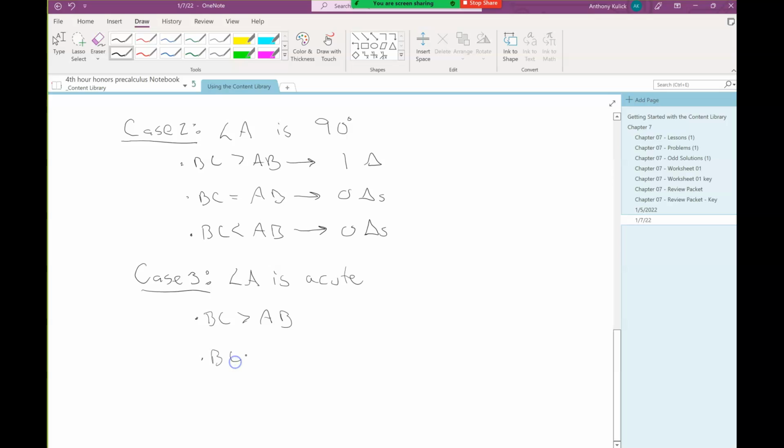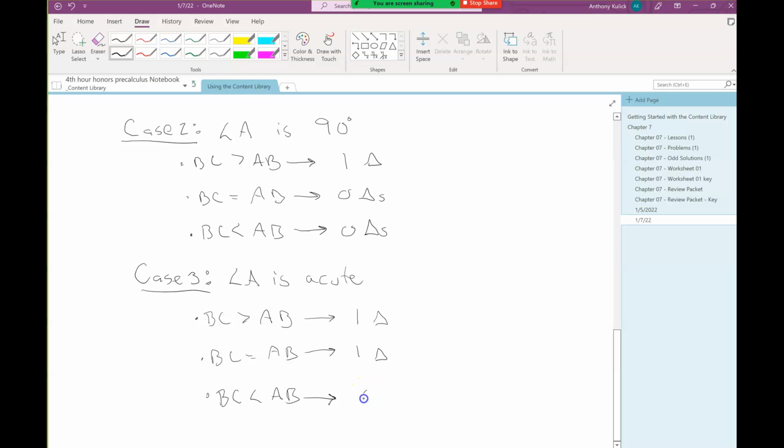So it turns out that here there's always going to be those first two situations, if BC is the biggest side or if it's equal to AB, just one triangle can be formed.